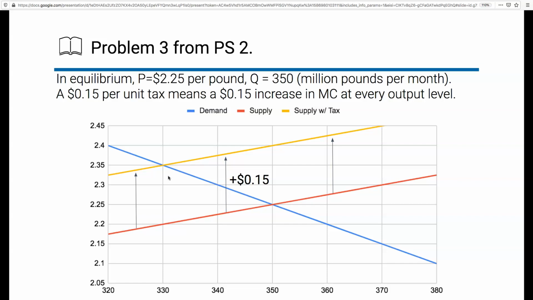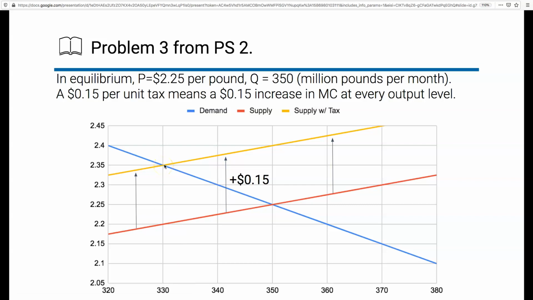And so to understand what's going to happen, shift the supply curve up by 15 cents. You'll get the new yellow supply line that will be the supply with tax. And wherever it intersects with the old demand, you'll get the new equilibrium. So it's going to be $2.35 per pound, and the new quantity is going to be 330 million pounds per month.